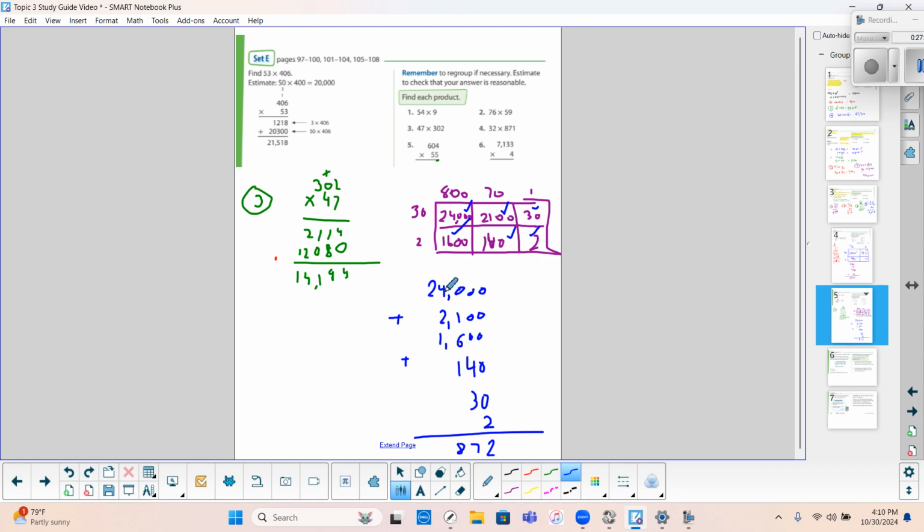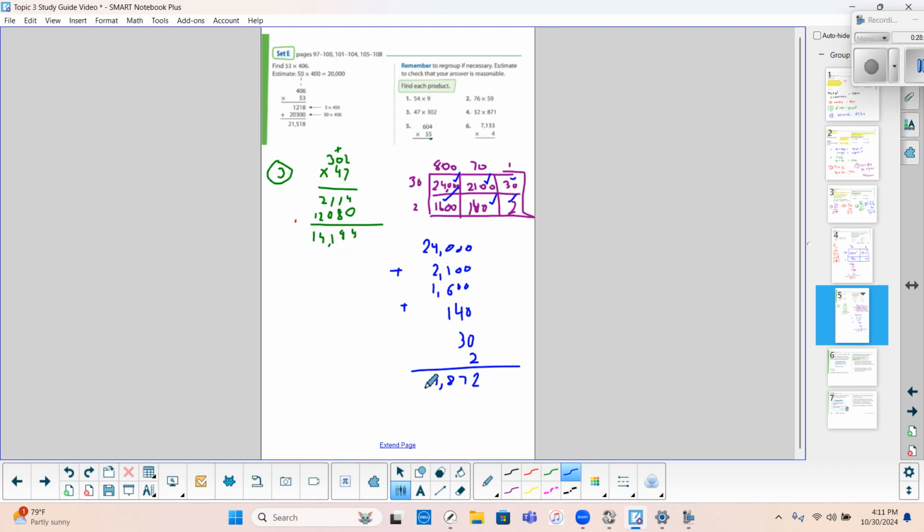Next place value, which is the thousands, is 2 plus 4 is 6, plus 1 is 7. Put the comma there. And then in the final place value, all I have is a 2, and that gives me 27,872. Hold on a second. Yep, 27,872. Same answer I got as before.